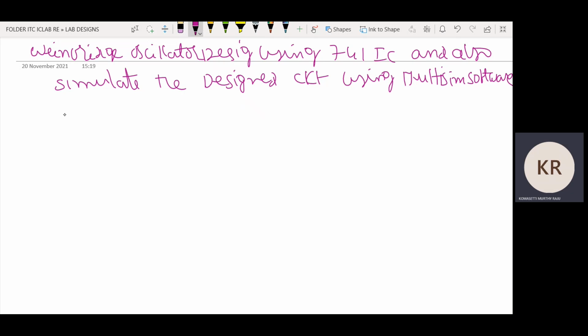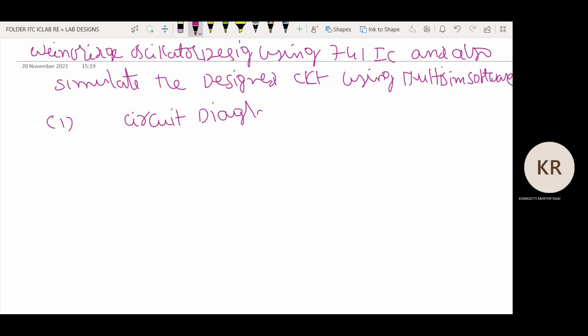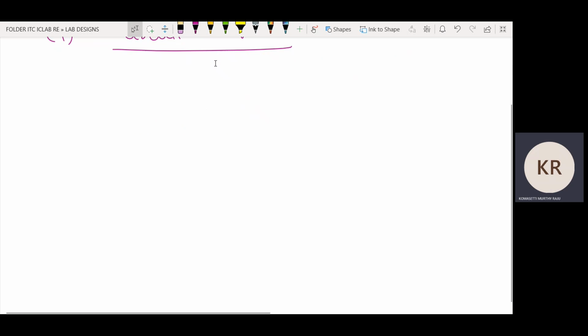First one is the circuit diagram. The circuit diagram consists of this 741 IC.